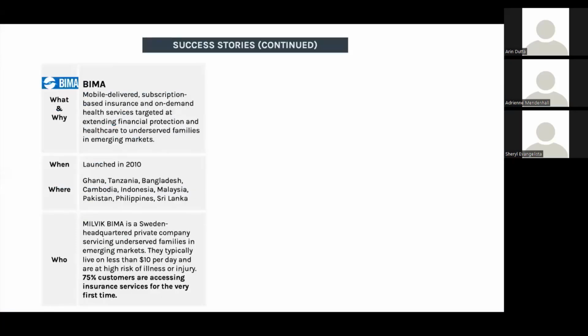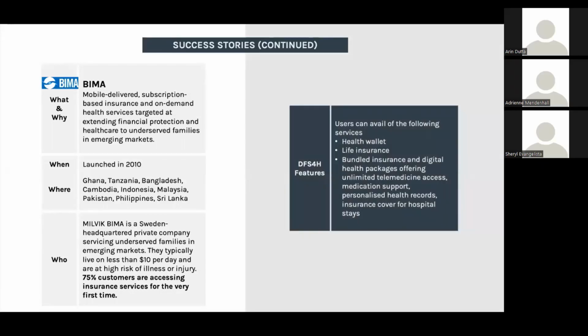Bima is an insurtech company that was launched in 2010 in Ghana and has since expanded to 9 markets. It's based in Sweden, but primarily in Africa and Asia. And so it offers a bundled insurance and telemedicine, but more recently has launched a health wallet as well.